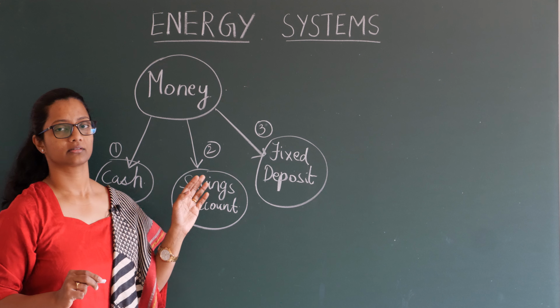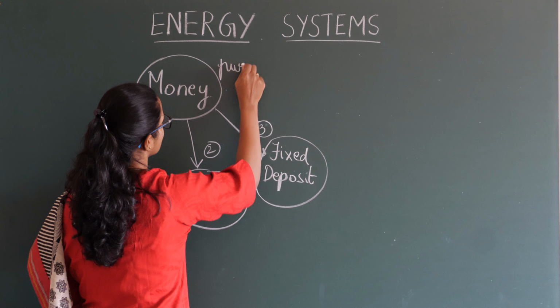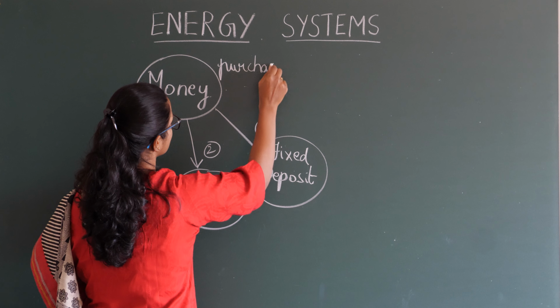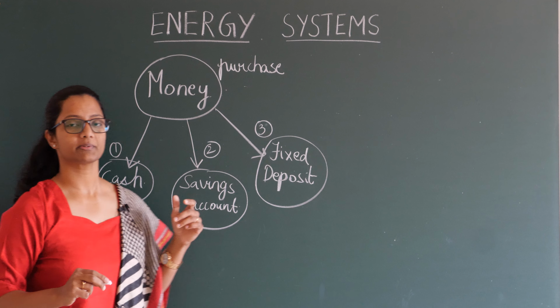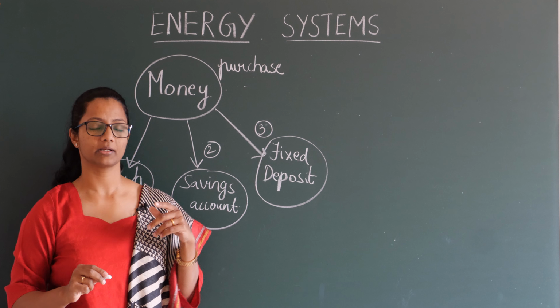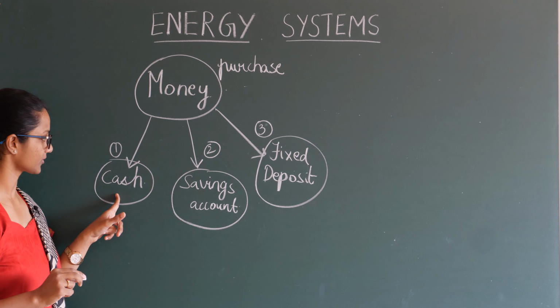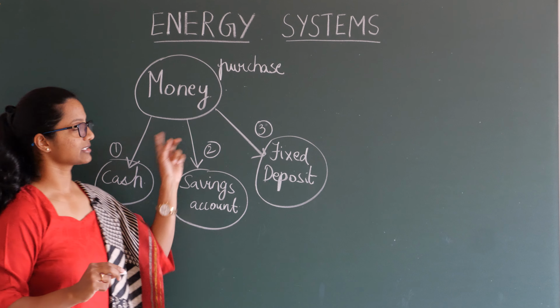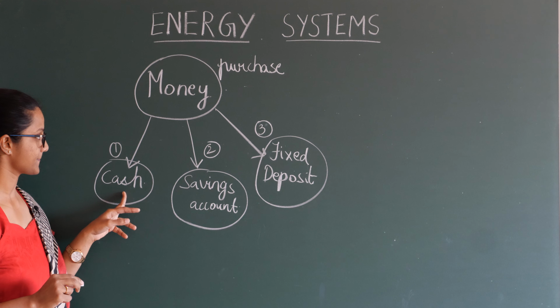Now this man wants to make a purchase. And for this purchase, he has only one payment option, and that is cash. So to make this purchase, he uses his cash.